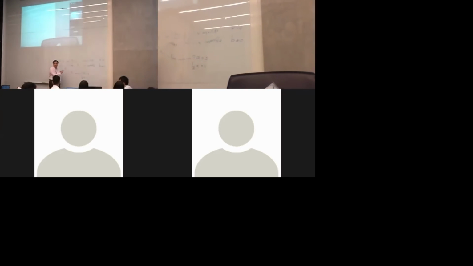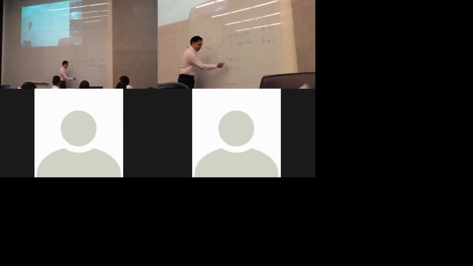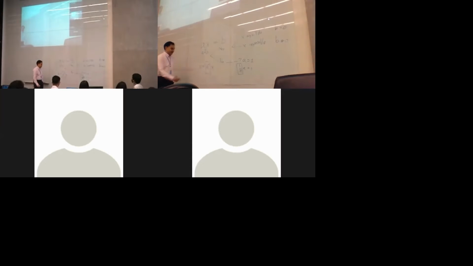Or the inverse. Did you do that? Yes, because a is not equal to 0. Okay? Now I know this. I keep this. And I say x is equal to whatever is the inverse of a multiplied by b. So that's equal to 1 over a times b equal to b over a.